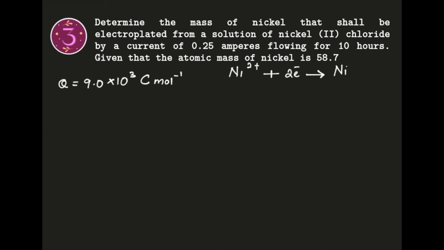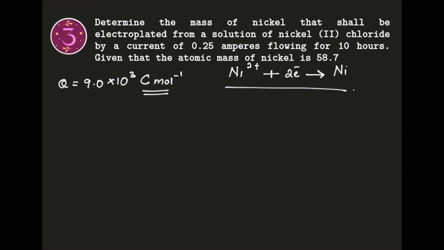So what else do you need to know? You need to convert this coulomb per mole into Faraday, because then only you can use this half reaction to quantify how much nickel is being electroplated in this reaction.